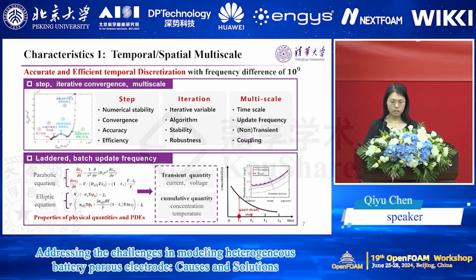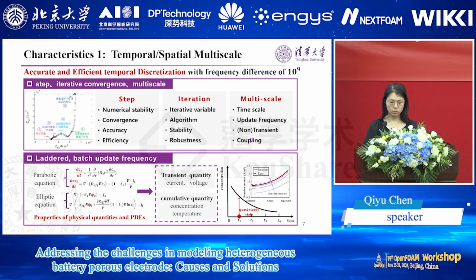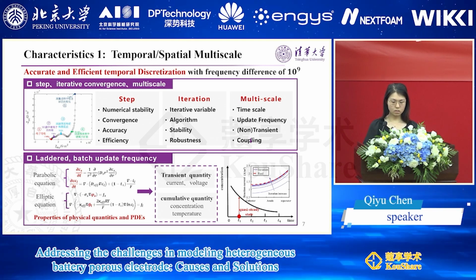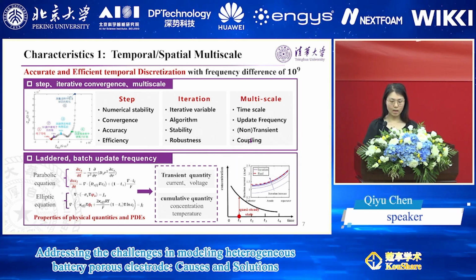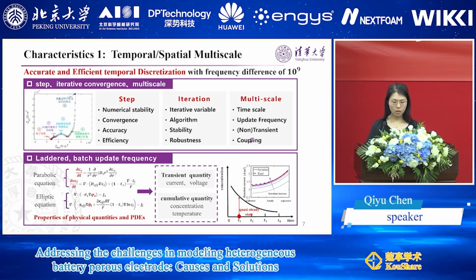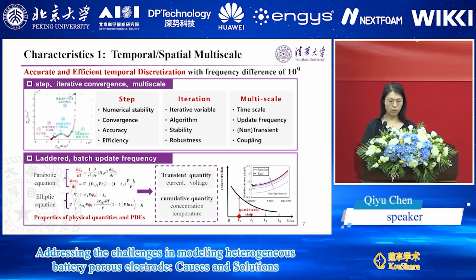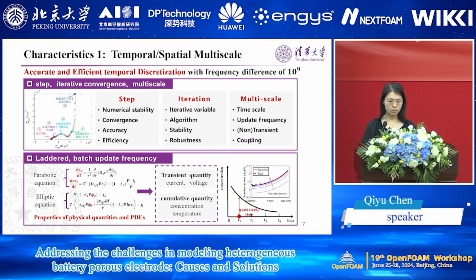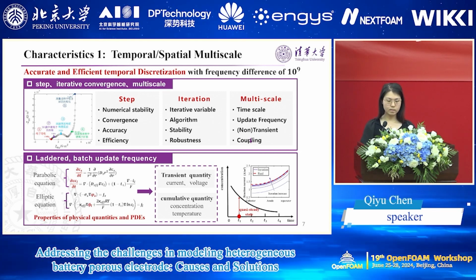Time discretization involves the selection of time steps, iteration, convergence, and multi-scale issues. It is necessary to consider numerical stability, convergence, and finding a balance between accuracy and efficiency. For temporal discretization, it is essential to consider the physical quantities themselves and the characteristics of equations.